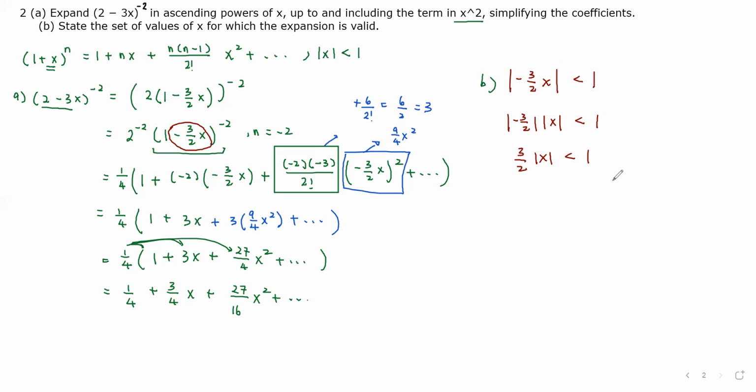So we divide throughout by 3 over 2, in fact multiplying by 2 over 3. So the modulus of x is less than 2 over 3. And this gives the set of values of x for which the expansion is valid.